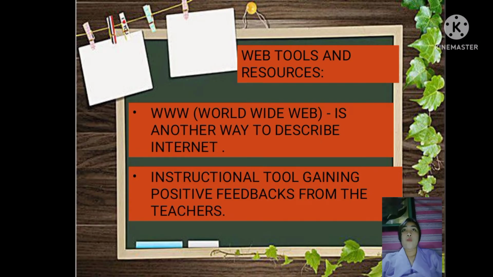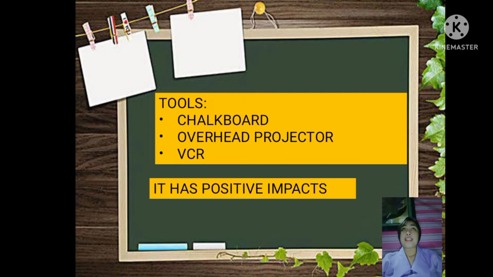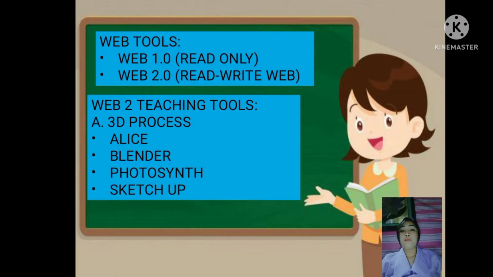UI or web-based instruction has its positive impacts or feedbacks. It enhances learning, reduces repetitive teaching tools, and improves instructional materials. So for web tools, there are two webs: Web 1.0, which is read-only, and Web 2.0, which is read-write web.